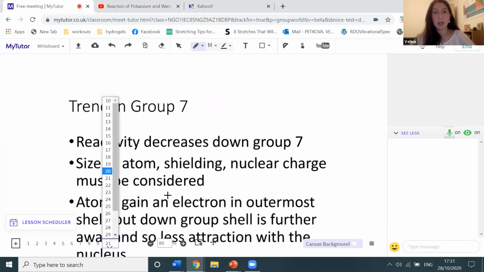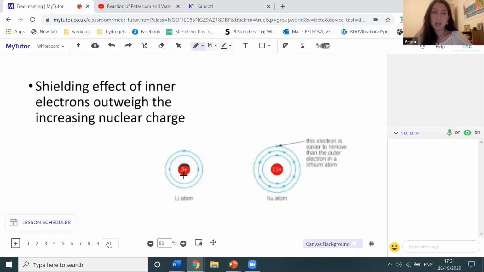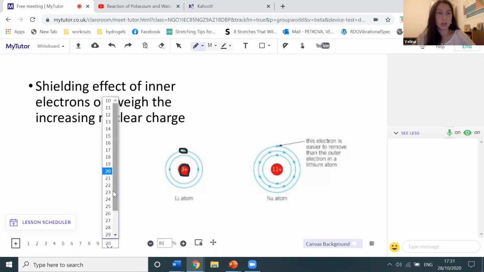What it means is that the nuclear charge is cancelled out. It just means that this electron feels the nuclear charge less, because it's shielded by these electrons.